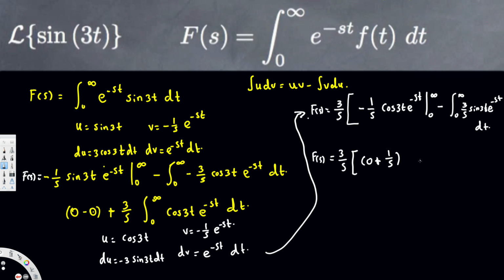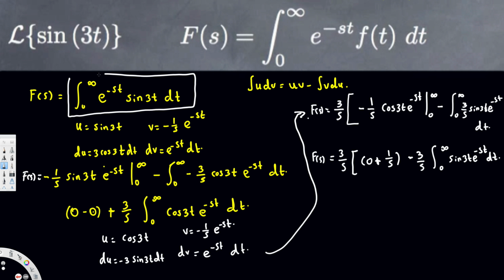Now let's look at this one here. Here we have 3 over s, a constant, so we can move that one to the front. So this is going to be just 3 over s times the integral from 0 to infinity of sine 3t e power negative st dt. Now if you compare this with our initial one, the integral from 0 to infinity of e power negative st sine 3t dt, let's use a different color.